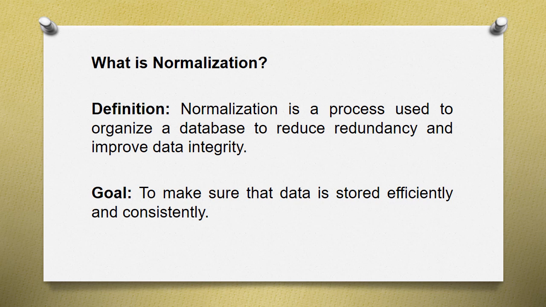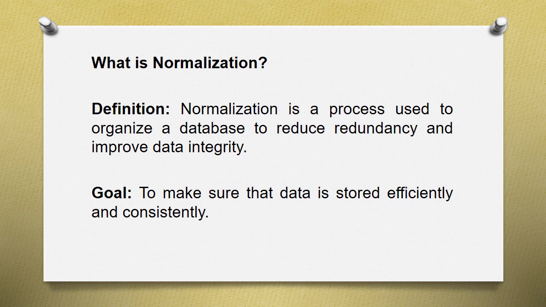And what is the meaning of data integrity? Data integrity means data should be complete, accurate, and valid. So normalization is the process which ensures that there is no redundancy or very little redundancy in the data, and the data is complete and accurate.